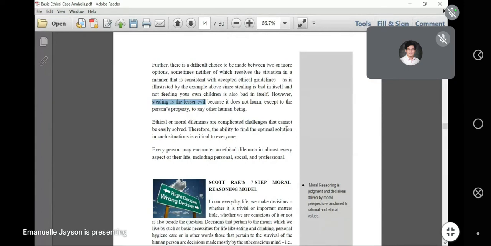So, what if binuhay niya yung anak niya and then knowing na hindi niya kayang buhayin, may problema pa rin doon kasi nga wala kang kakayahang magpakain sa anak mo. Isa-suffer mo pa yung anak mo. You will let him or her suffer. The other choice would be abortion.